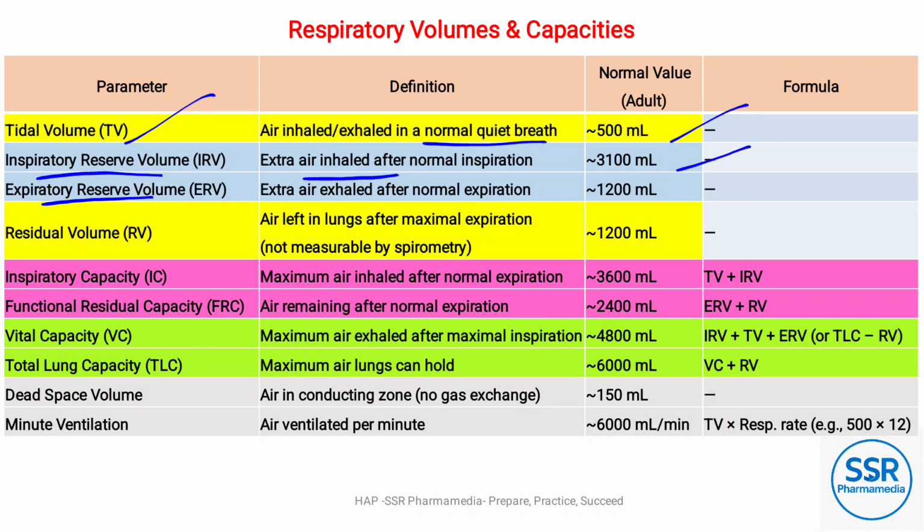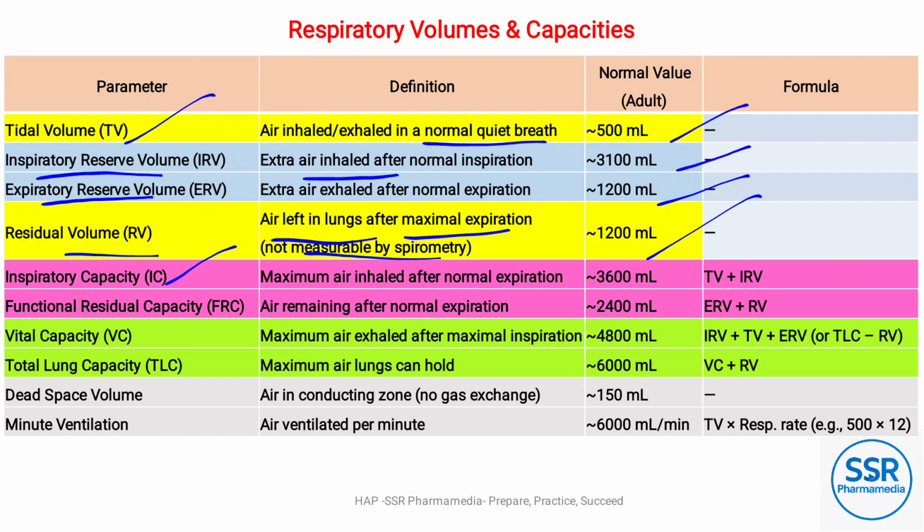Expiratory reserve volume is the extra air exhaled after normal expiration, nearly 1200 ml. Residual volume is the air left in the lungs after maximum expiration, nearly 1200 ml. It is not measurable by spirometry.